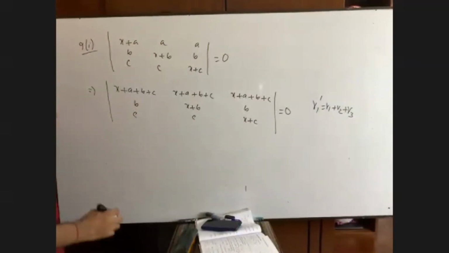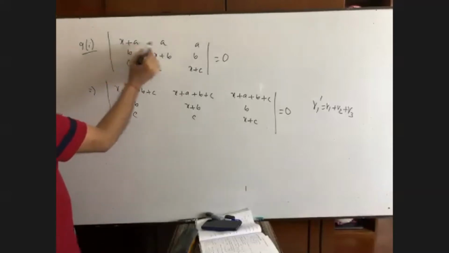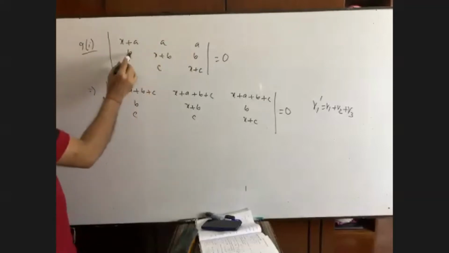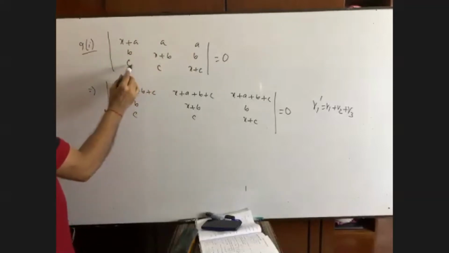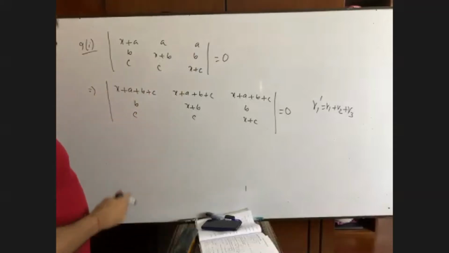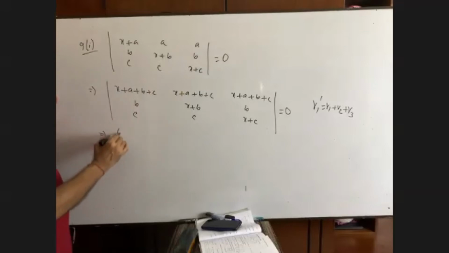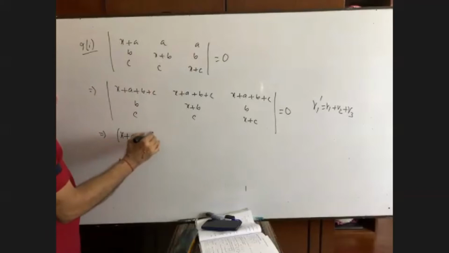Sir, could we also do it with columns? No. If I would do that, then it would be x plus 3a, x plus 3b, x plus 3c. So nothing would be taken common, right? But here we are getting x plus a plus b plus c common.